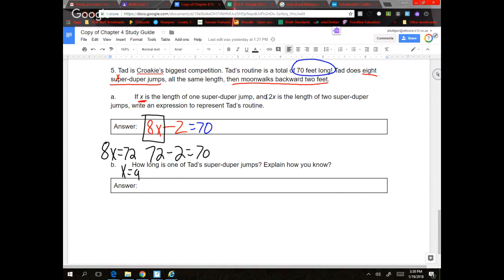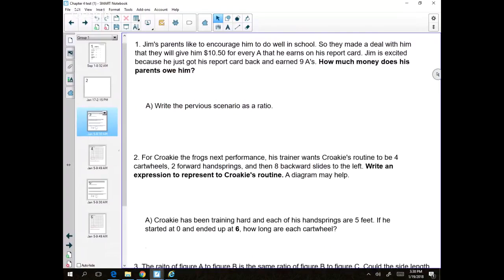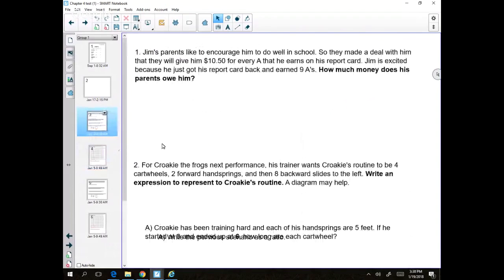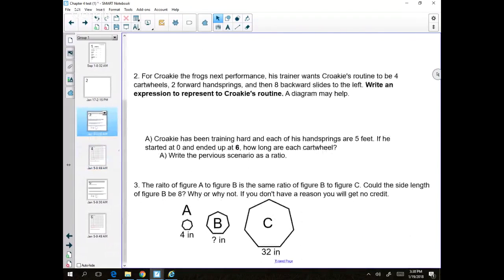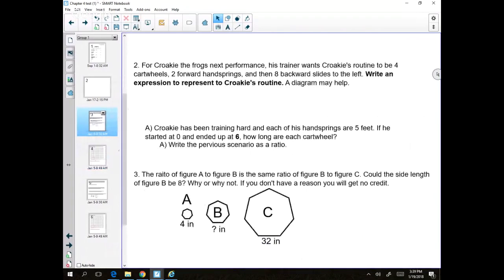I just want to go to the test real quick and show you one thing on that last problem, dealing with the frog. You needed 2 variables. You have one for the cartwheels, because it doesn't tell you how big it is. Then you have the handsprings, which is another variable.